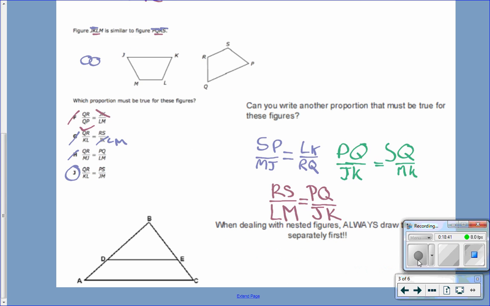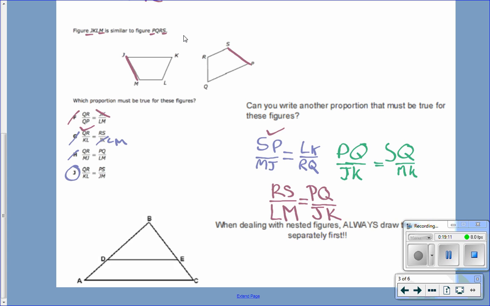Okay, let's look at the purple proportion, and let's look at our congruent statement. Let's erase that and do it again. So they have SP corresponds to MJ. Does that work? Yes. And then they have L. That's good.